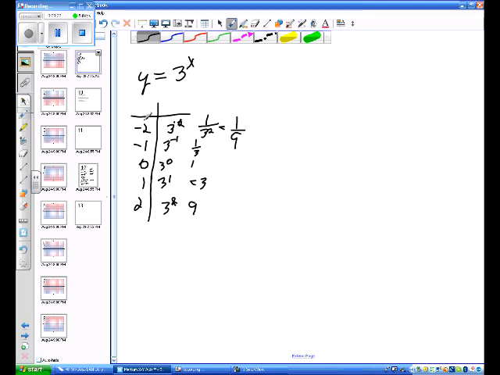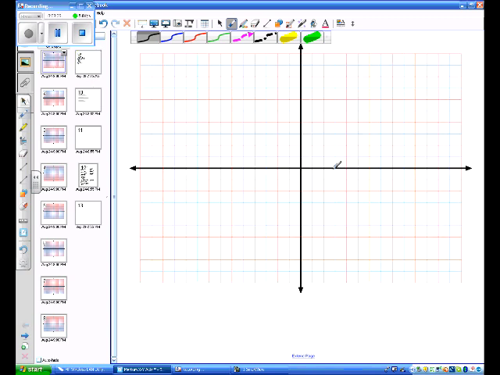Now, if we graph those, we've got our points: -2, 1/9; -1, 1/3; 0, 1; 1, 3; and 2, 9.